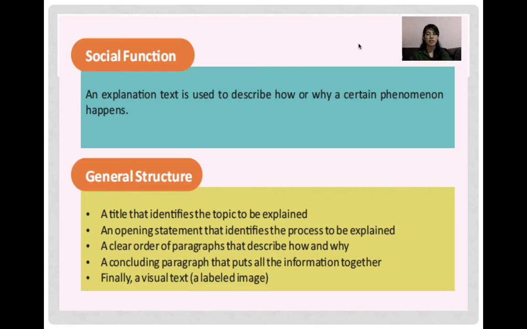So the general structure: a title that identifies the topic to be explained, an opening statement that identifies the process to be explained, a clear order of paragraphs that describe how and why, a concluding paragraph that puts all the information together, and finally, a visual text or a labeled image. So that is the social function and general structure.